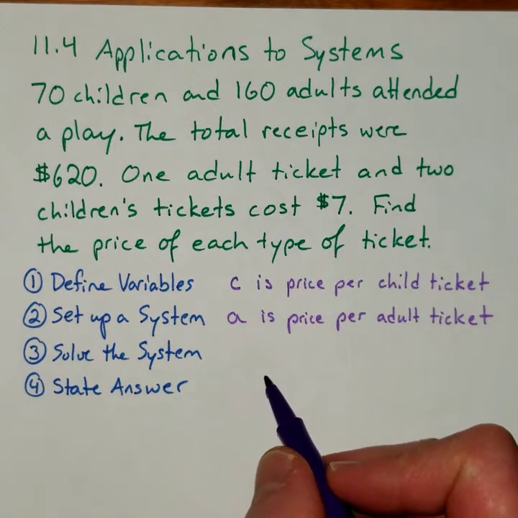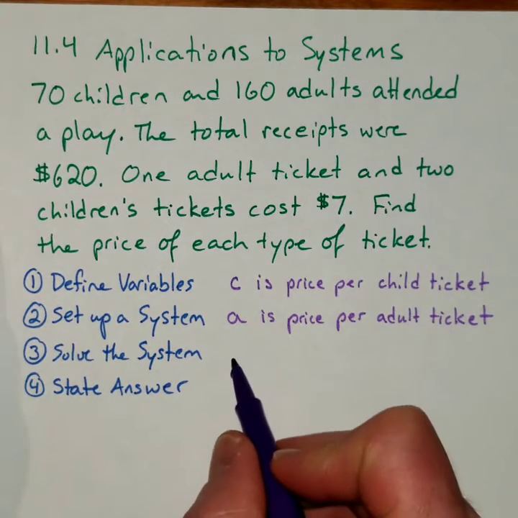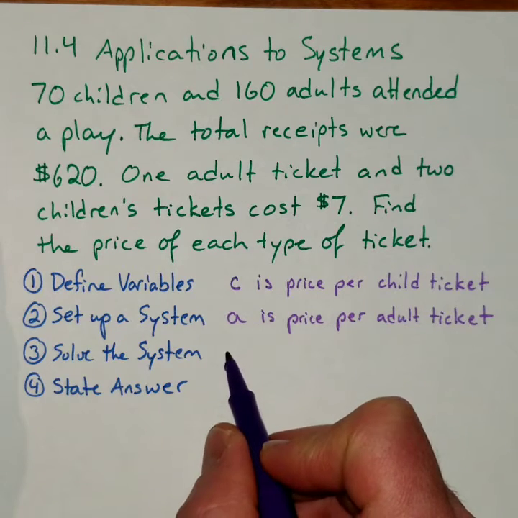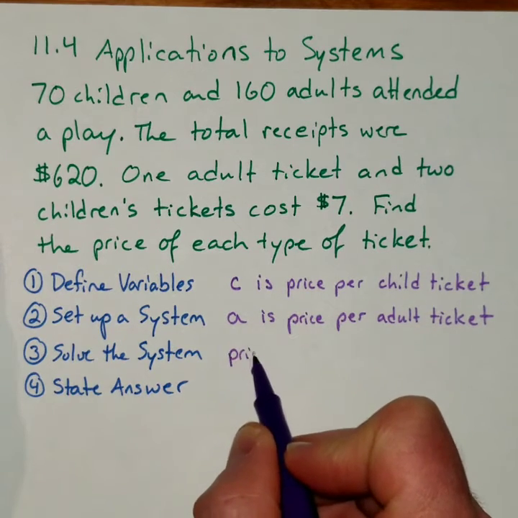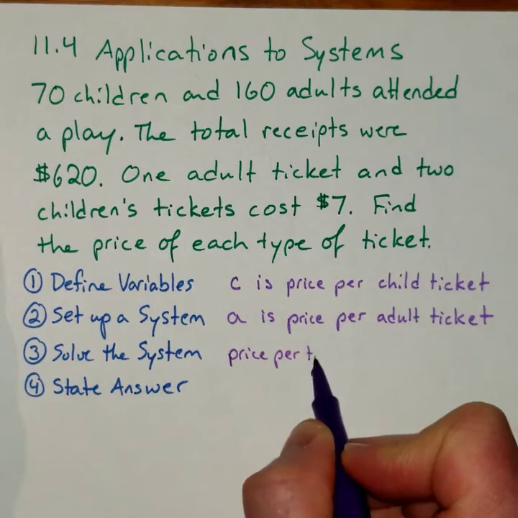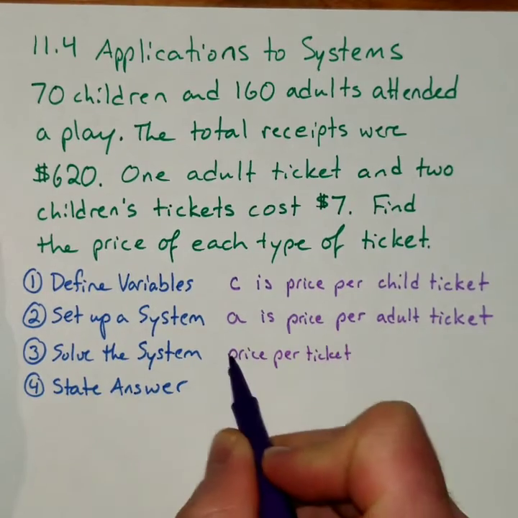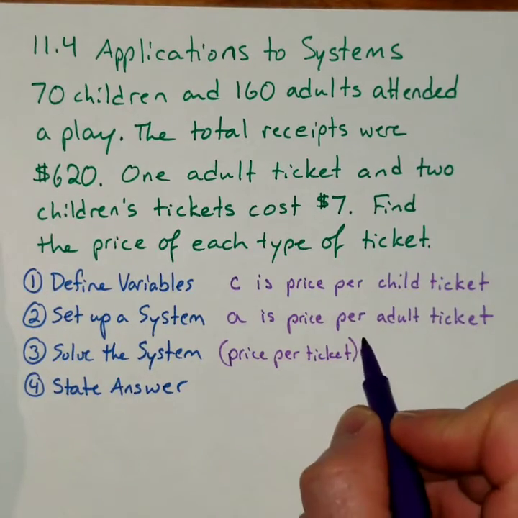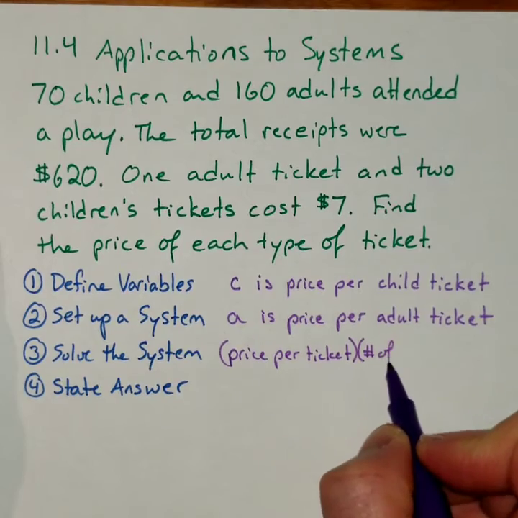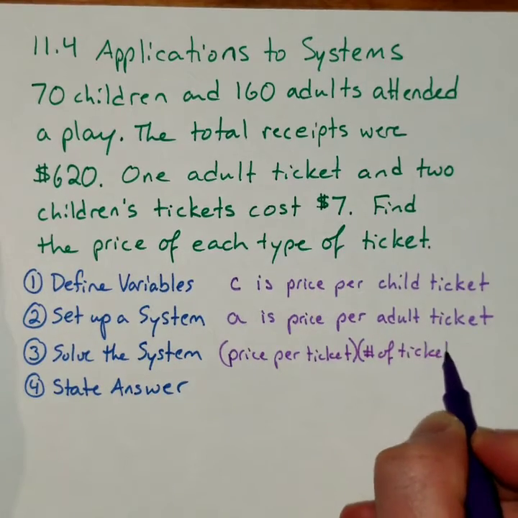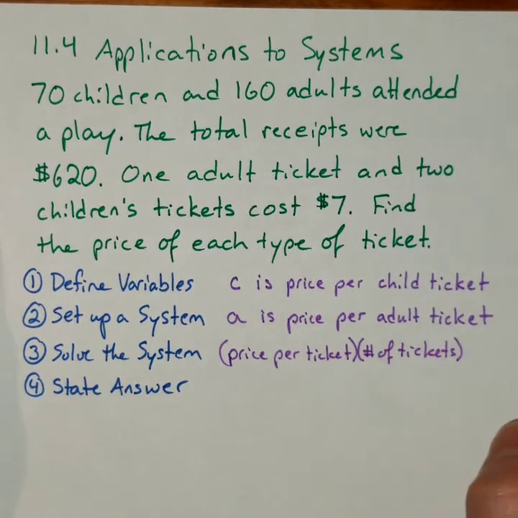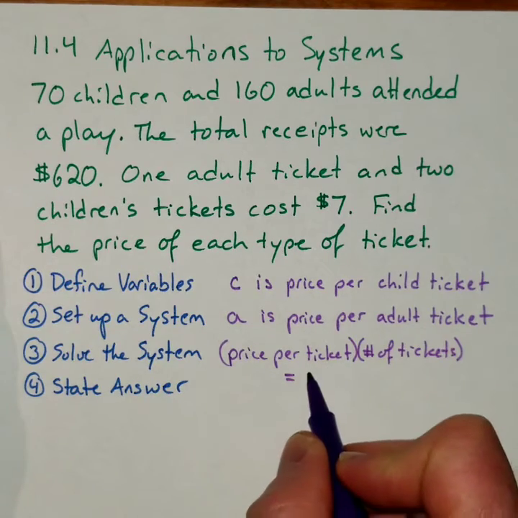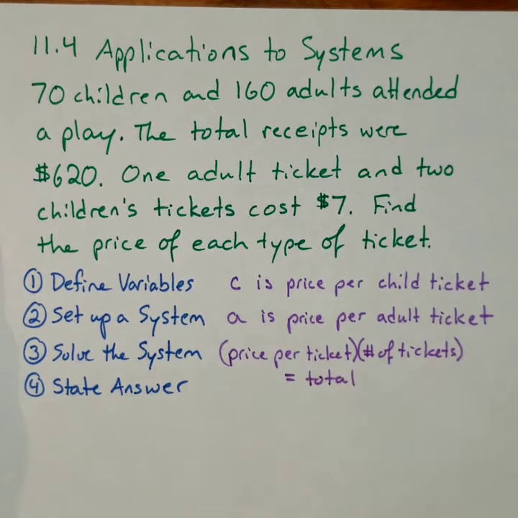In this case, the price per ticket multiplied by the number of tickets has to equal some sort of total. Those are your three amounts that are all combined together.